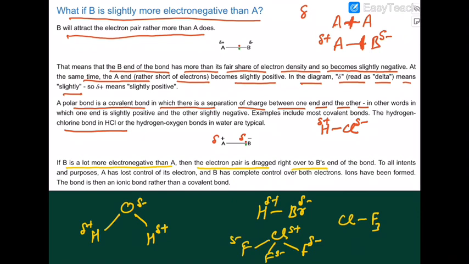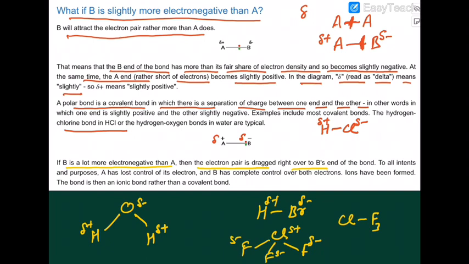Okay, are we sure of that? So here what happens? The electron pair is slightly displaced. Here the correct word should be displacement, that the electron pair is displaced. If the electron is being completely transferred, then that bond is an ionic bond.